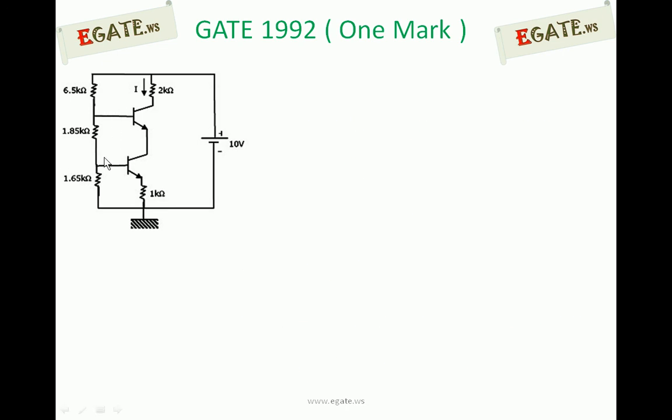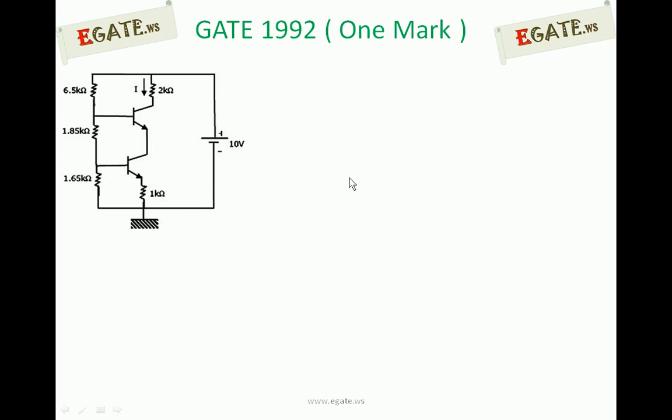Since the base current flowing through the transistors is 0, 10 volts is applied across these three resistors. As no current flows through the bases, the current from the 10 volts goes through all three resistors, so they are in series.